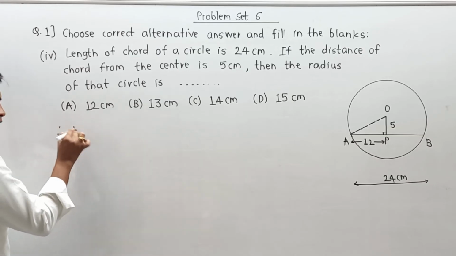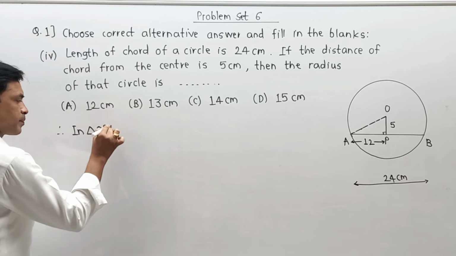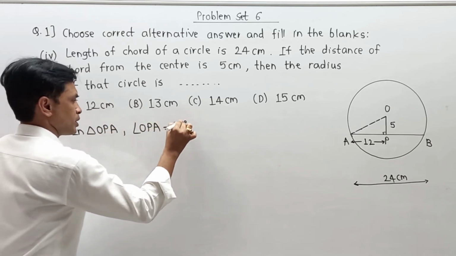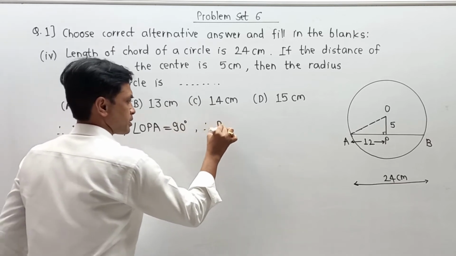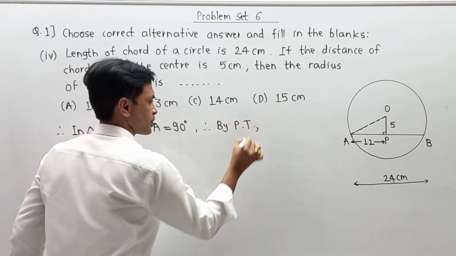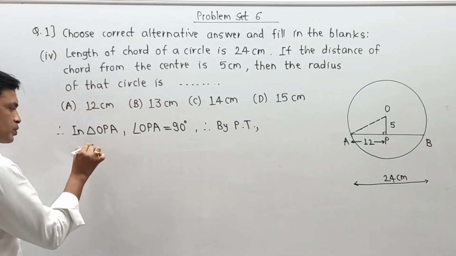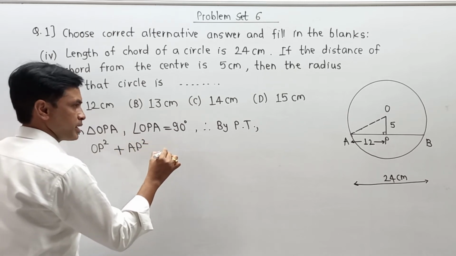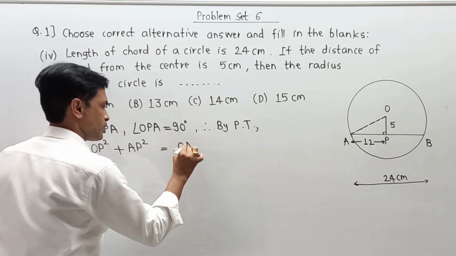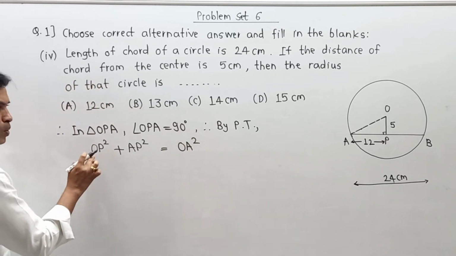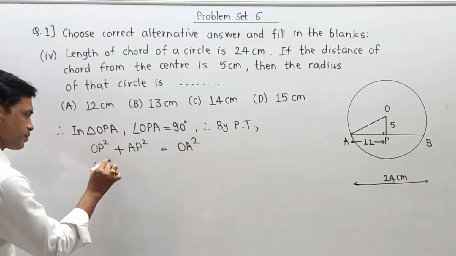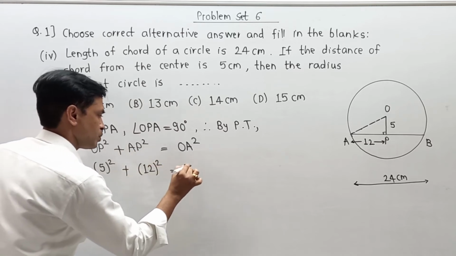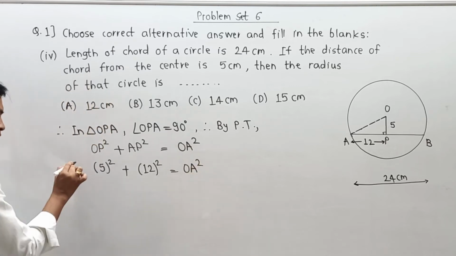Now please pay attention, because I am going to do the calculation. In triangle OPA, angle OPA is equal to 90 degrees. Therefore, by Pythagoras theorem, OP square plus AP square is equal to OA square. Now, OP square means 5 square plus AP square means 12 square is equal to OA square, which we are supposed to find.